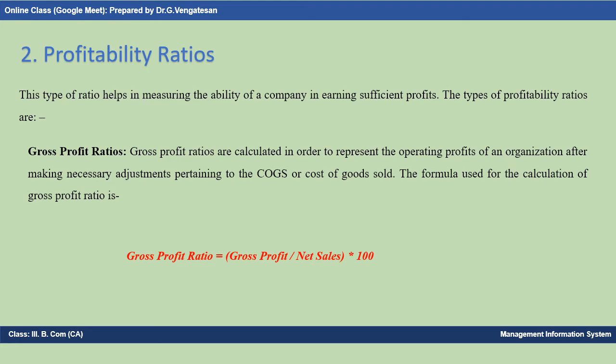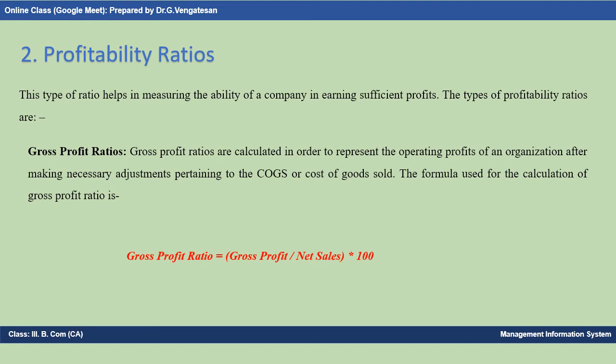Here, there are types of profitability ratio which are used in measuring the ability of a company in earning sufficient profit. The types of profitability ratio, number one, is gross profit ratio. The gross profit ratio is calculated in order to represent the operating profit of an organization after making necessary adjustment pertaining to the cost of goods sold.